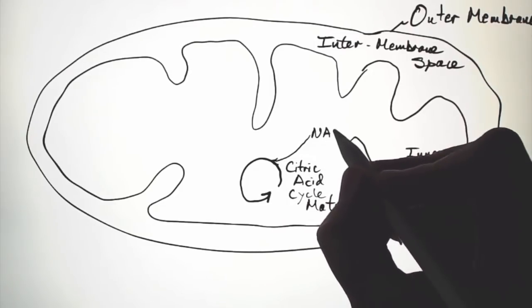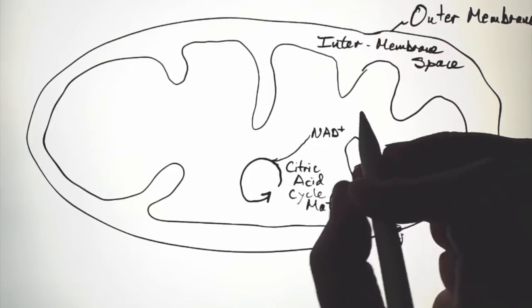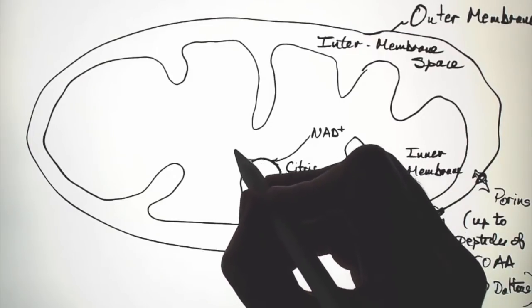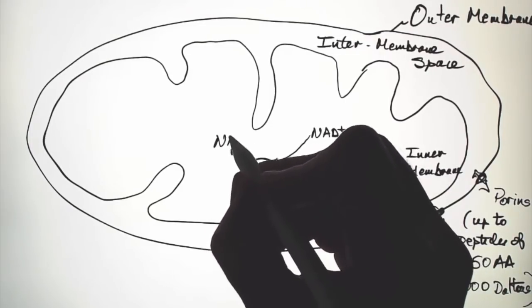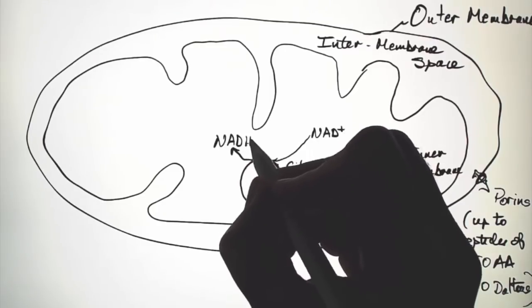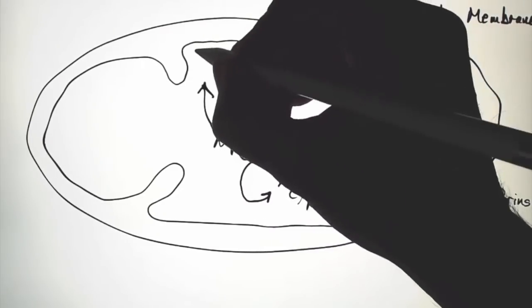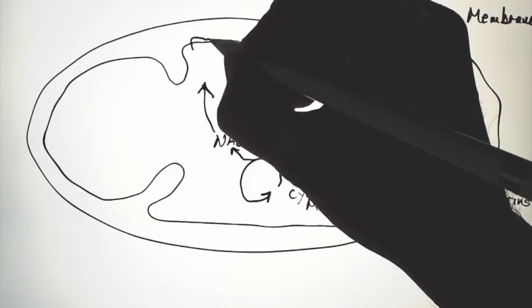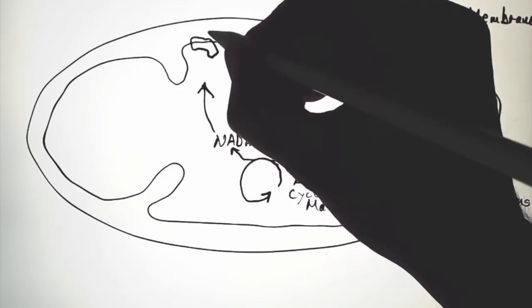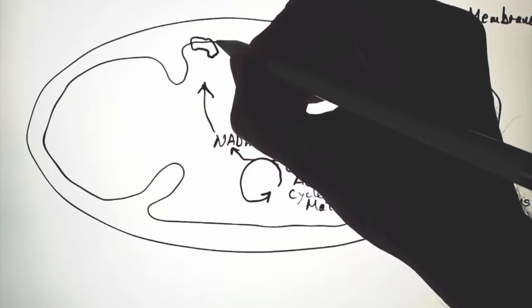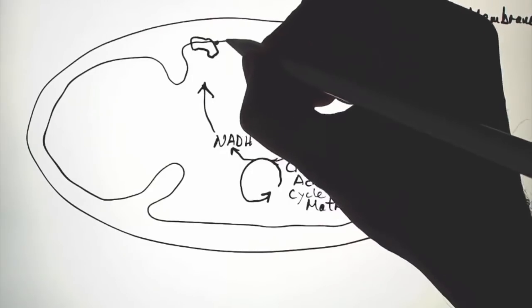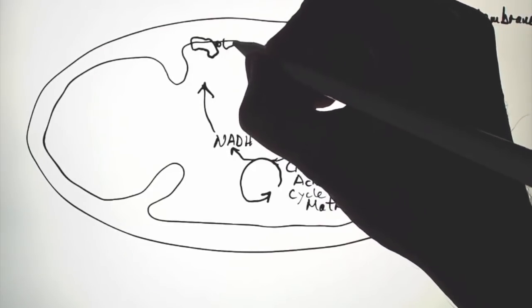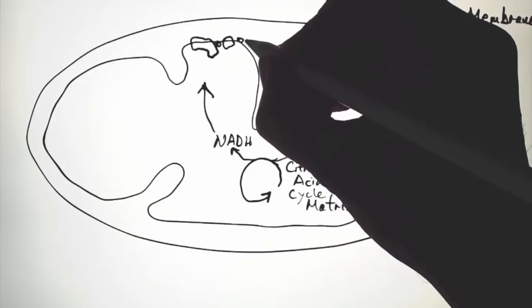That requires NAD+, which gets converted to NADH in the citric acid cycle. That NADH binds to complex 1, a protein complex of the electron transport chain. We'll talk more about that later, but I'm showing the major elements here.